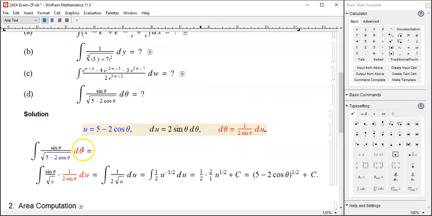This d theta is substituted to this d theta, so that we have 1 over 2 sine of theta times du, as highlighted in red. And this u, 5 minus 2 cosine of theta, goes in place of 5 minus 2 cosine of theta and becomes u like that.